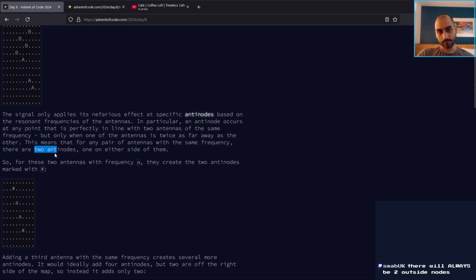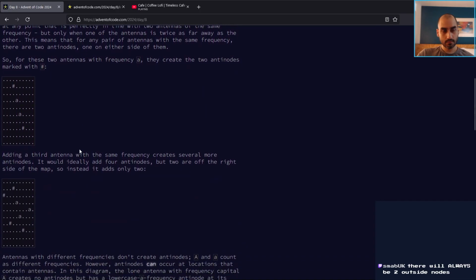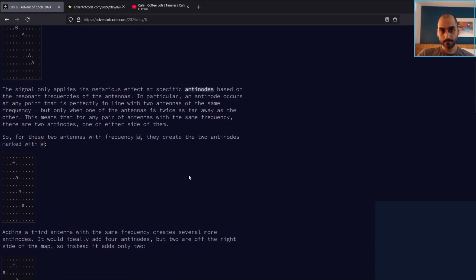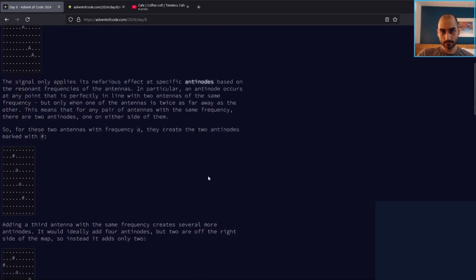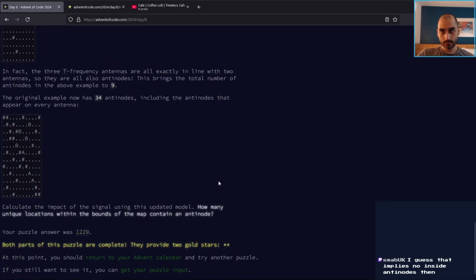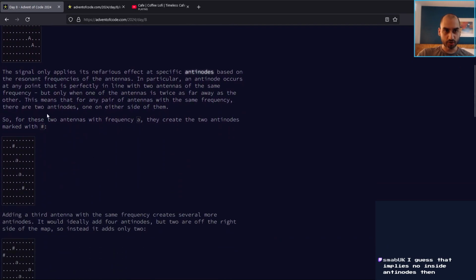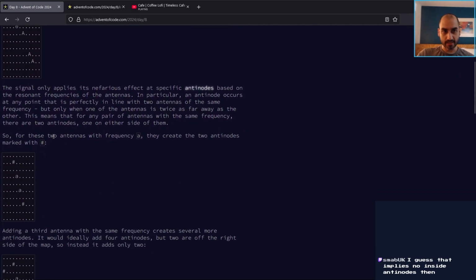But apparently there are no inputs with more than 2, so whatever. I guess that implies no inside antinodes, but then they shouldn't have used the phrase "this means that." That's the only bit I have an issue with.